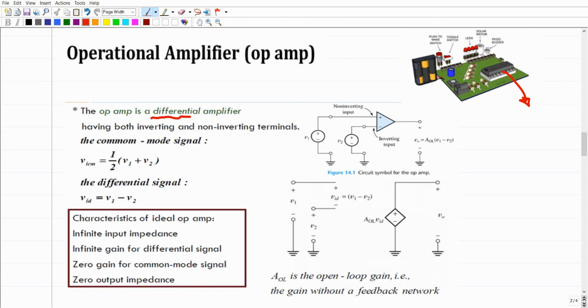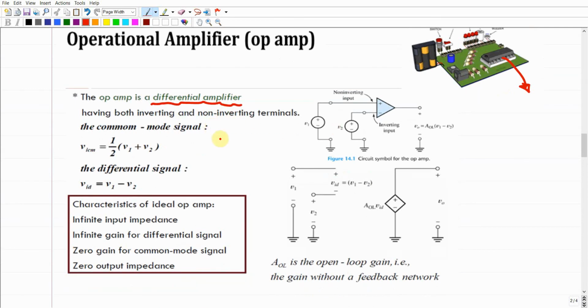It is a differential operational amplifier, and it has two inputs and only one output in this way. That's why it has this triangular shape; once you see this symbol within an electrical circuit, you should understand that this is the operational amplifier we are talking about. It has two terminals, two inputs.